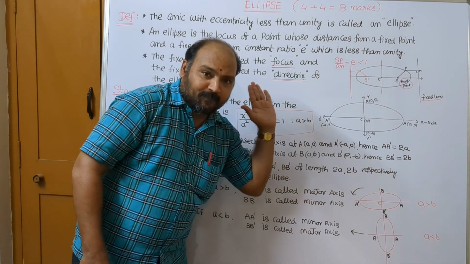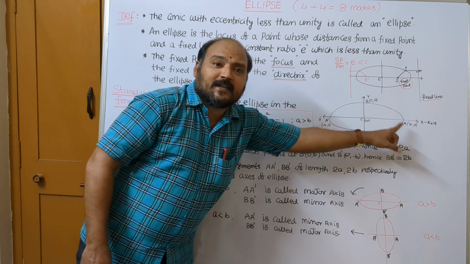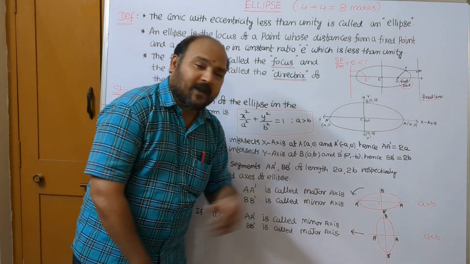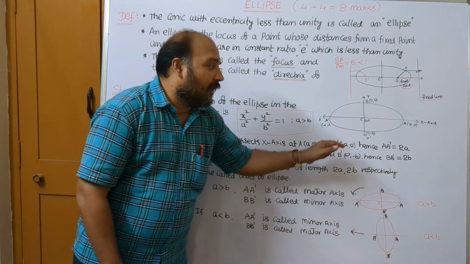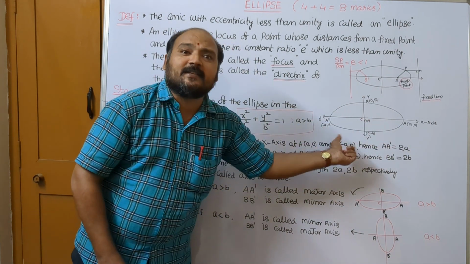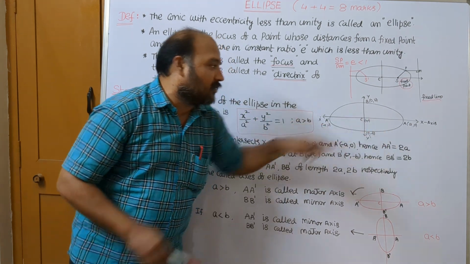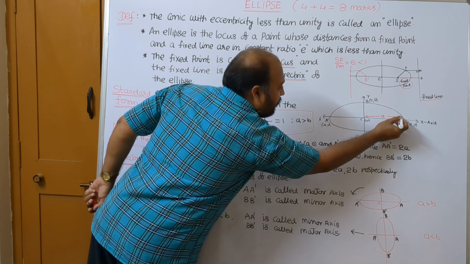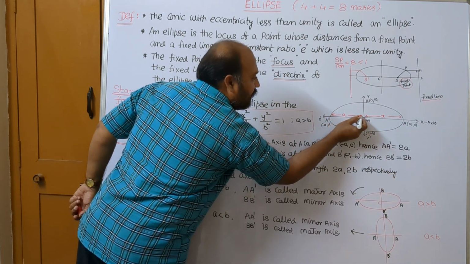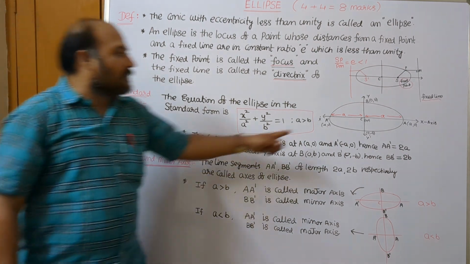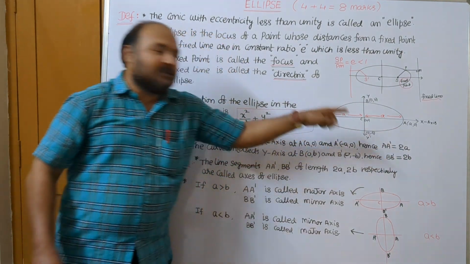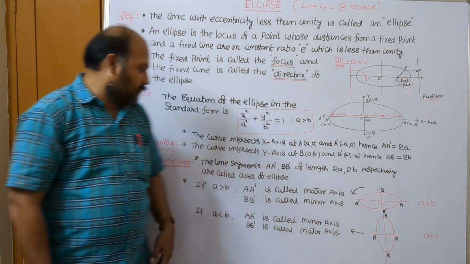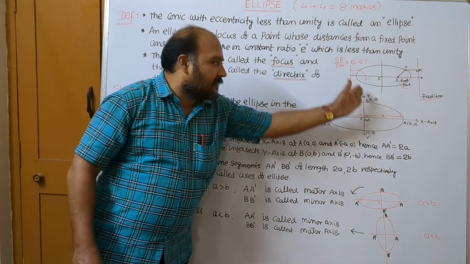This curve, the ellipse, cuts the x-axis at the points A (a, 0) and A dash (minus a, 0). Hence the distance A A dash is equal to 2a: a units here and a units here, a plus a, 2a. Okay. Now the curve intersects the y-axis.